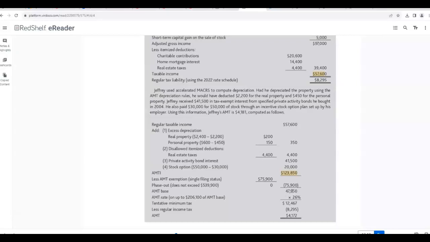Since this is your base, you're going to get a rate of 26% up to $206,100 of income. Where do you find the AMT rate? It's on page 12.9, previous page.